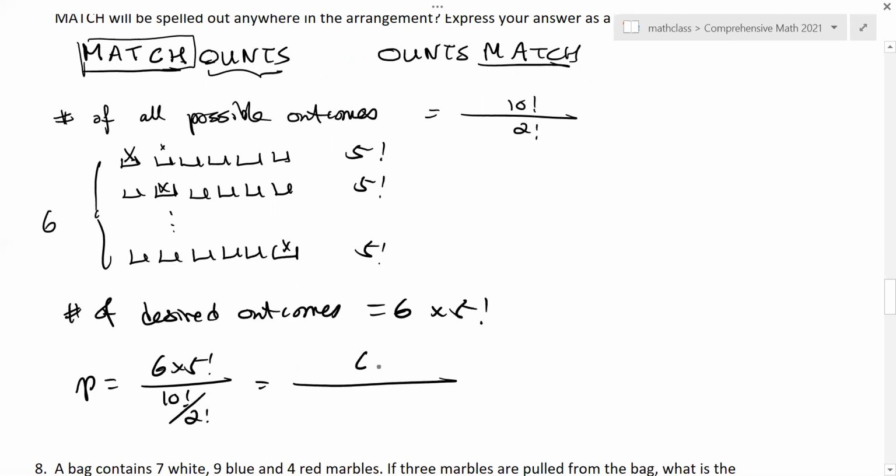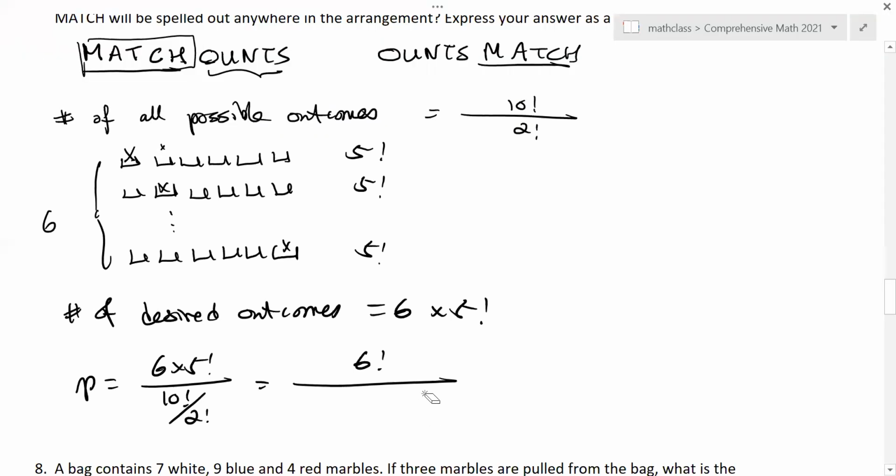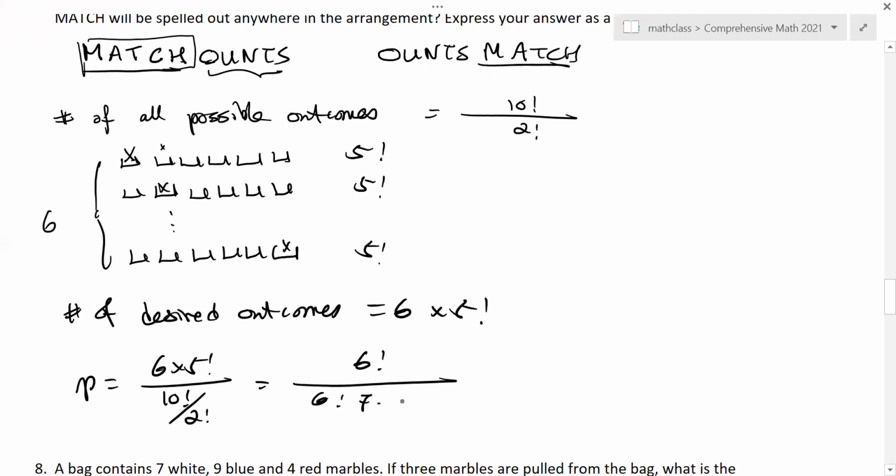6 times 5 factorial is just 6 factorial. 10 factorial is 6 factorial times 7 times 8 times 9 times 10, and divide by 2.